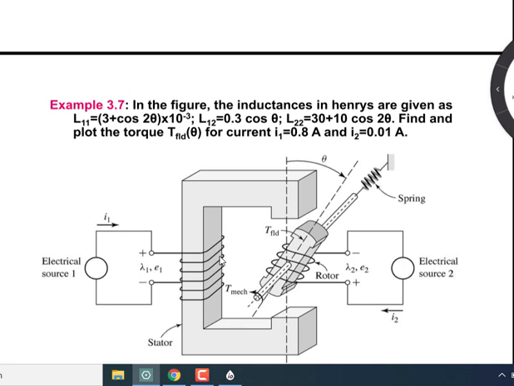One thing you must note is that the direct inductance is a function of cos 2 theta, while the mutual inductance is a function of cos theta only.